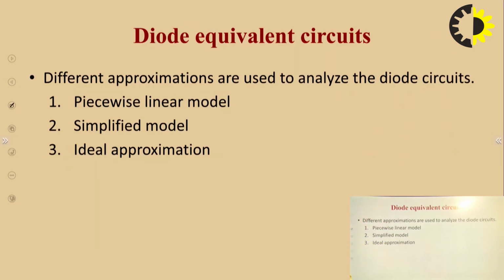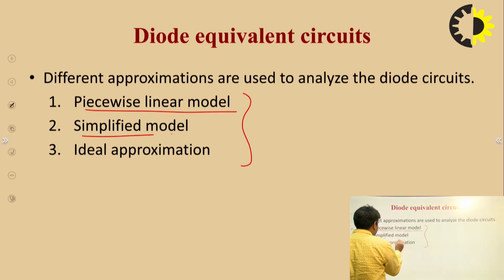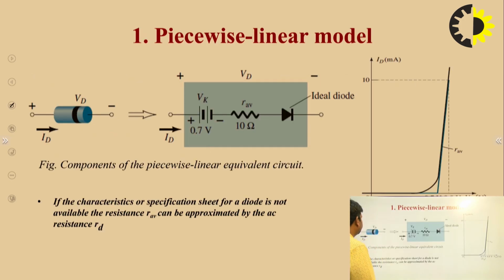The next topic is, what is the diode equivalent circuit? The diode equivalent circuit is modeled by three models: the piecewise linear model, the simplified model, and the ideal approximation model. This is the piecewise linear model.